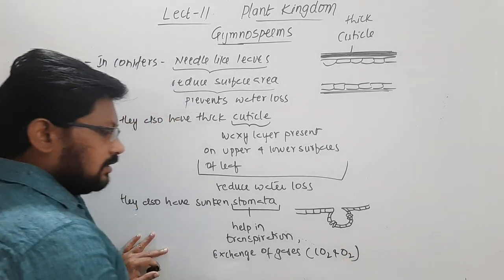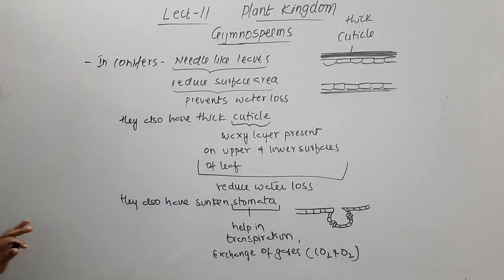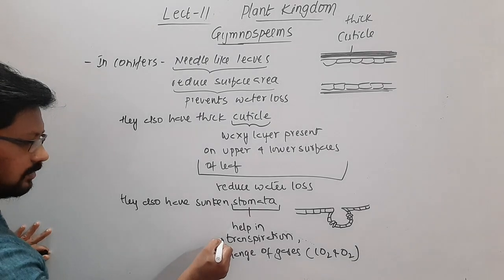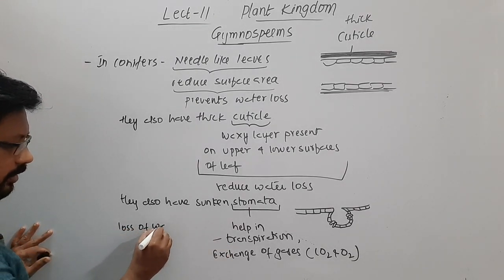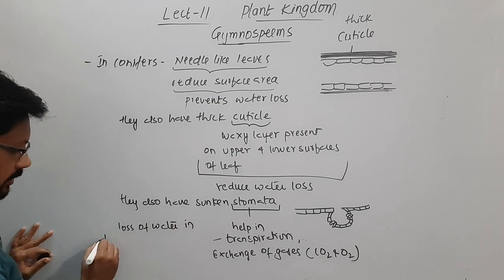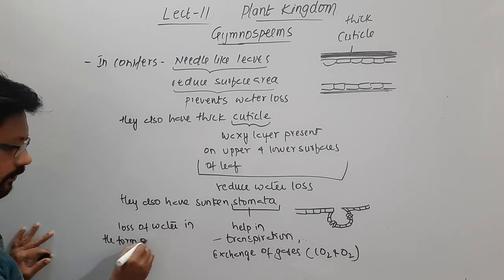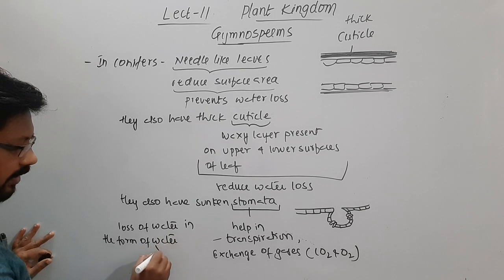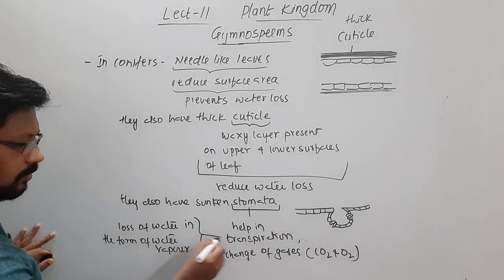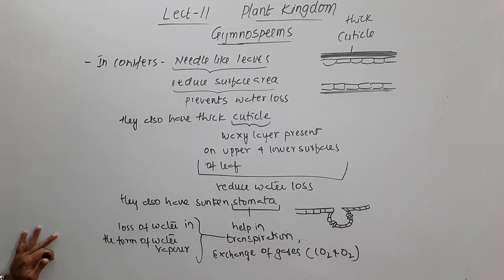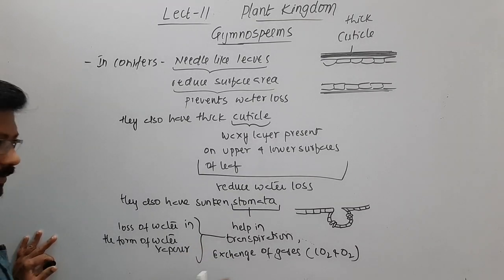oxygen. Now, what we mean by transpiration: transpiration is loss of water in the form of water vapor. Loss of water in the form of water vapor is called transpiration, right?